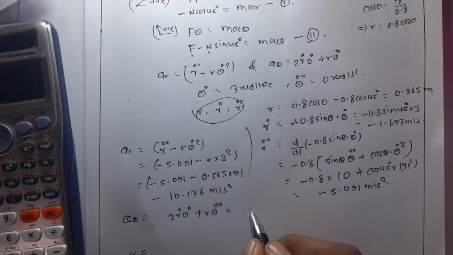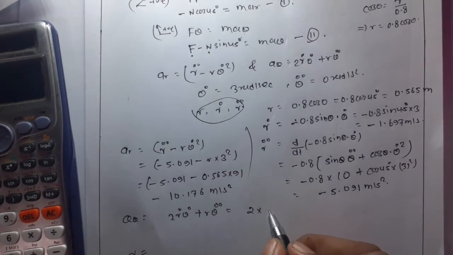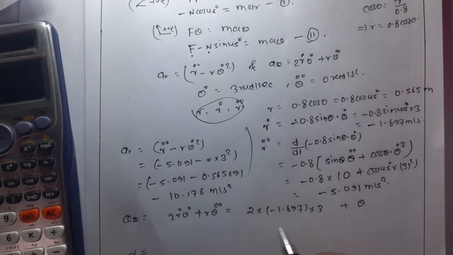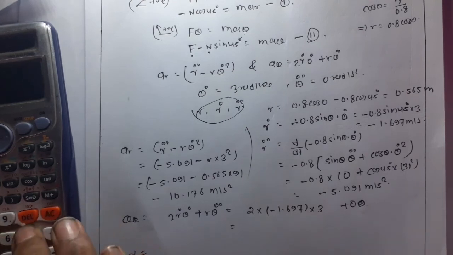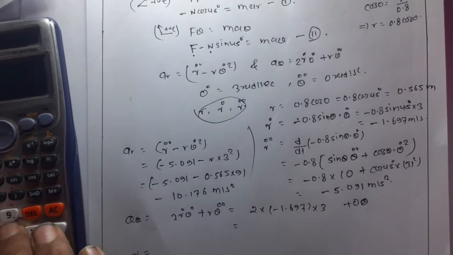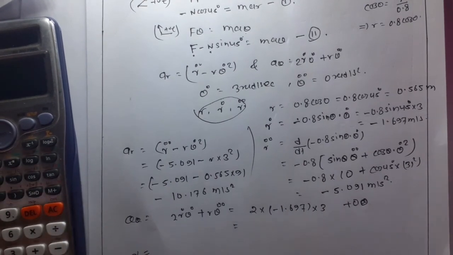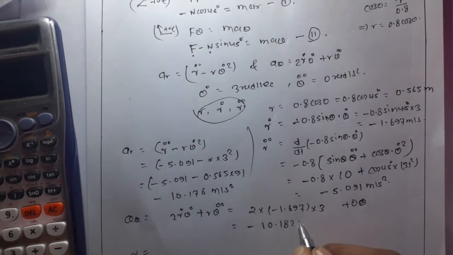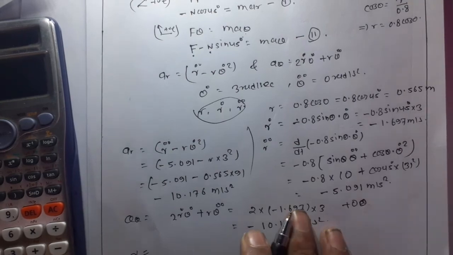So this is 2 into r dot, which is minus 1.697, into theta dot, which is 3, and this is 0 since theta double dot is 0. So this is 6 into 1.697, so this is minus 10.182 meter per second squared.